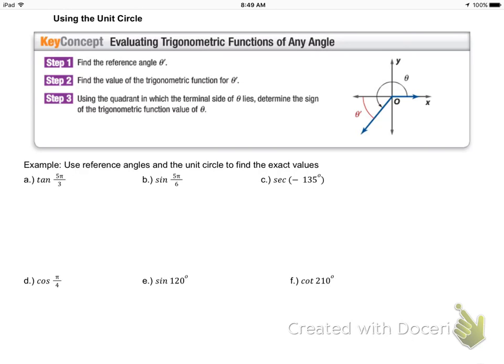So when evaluating a trig function, step number 1 is take a look at the angle of that function. If it is between 0 and 90, I'm happy, I'm going with it. If it's not, I'm going to find its reference angle. And the reference angle, remember, is an angle that references the first quadrant.